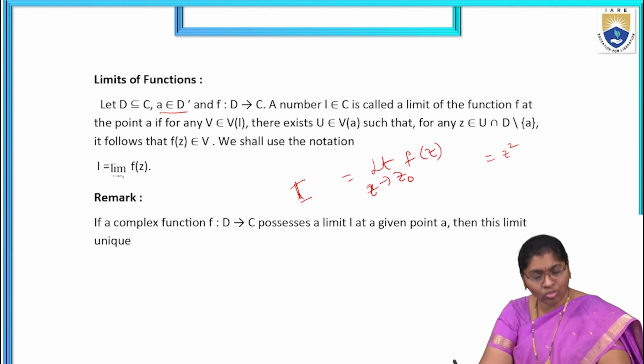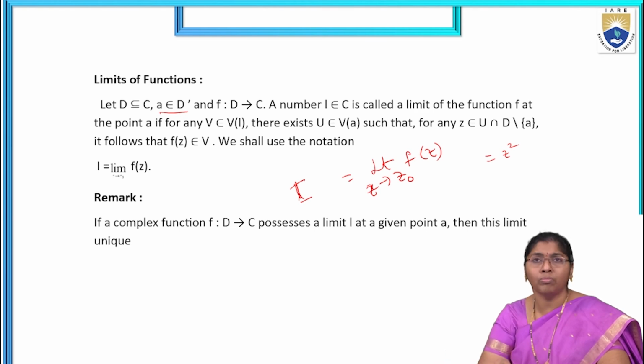If the limit does not exist, we do not consider it. If the limit exists, we can move on to continuity. If continuity exists, we can move on to differentiation. If the limit does not exist, we cannot solve for continuity and differentiability or analyticity. It is not analytic, not differentiable, not continuous. The whole problem depends upon the limit, then continuity, then differentiation.